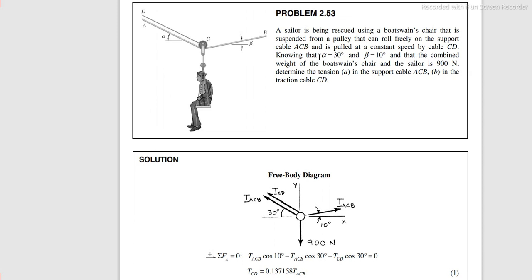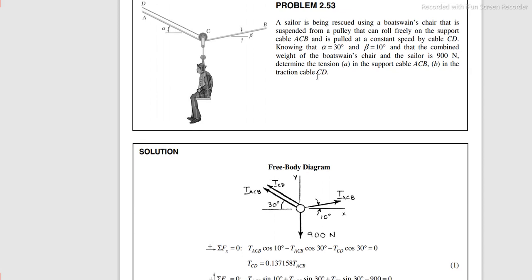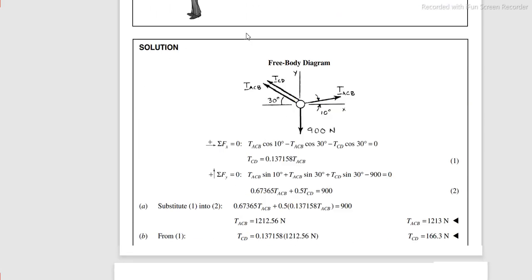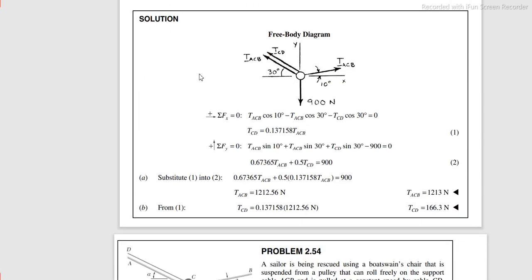Knowing that alpha equals 30 degrees, this is alpha and this is beta, beta equals 10 degrees, and that the combined weight of the boatswain chair and the sailor is 900 Newton, determine the tension in cable ACB and the tension in the traction cable CD. Here the solution is, this is the free body diagram and the solution is.